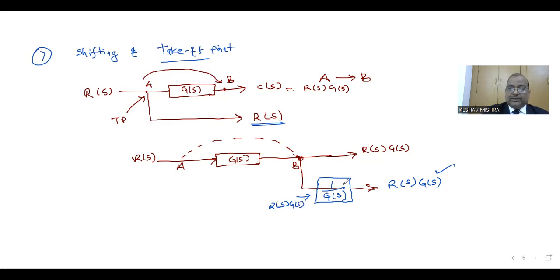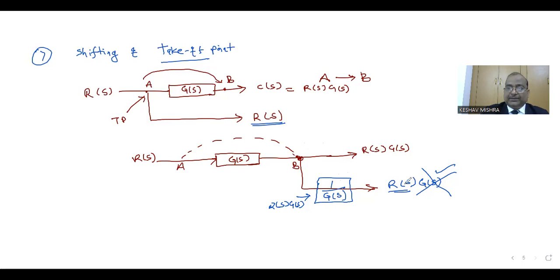Rs into Gs is multiplied by 1 upon Gs, so this will give Rs only, this Gs will get cancelled. So shifting of takeoff point is also possible, keeping in mind that the output should not change after the shifting process. So in this case, we have introduced one additional block with transfer function 1 upon Gs.